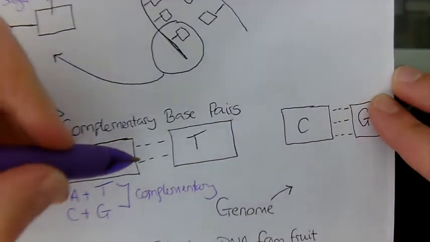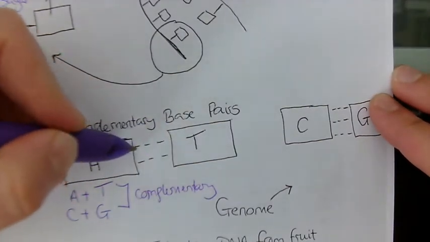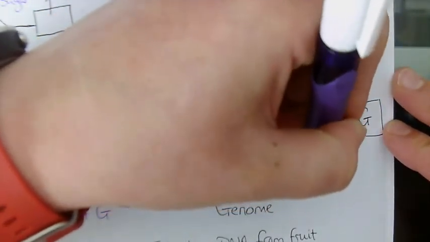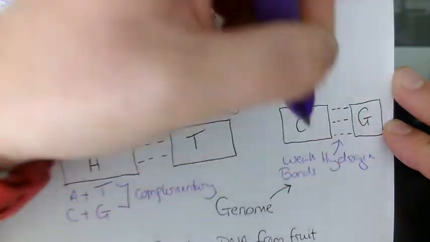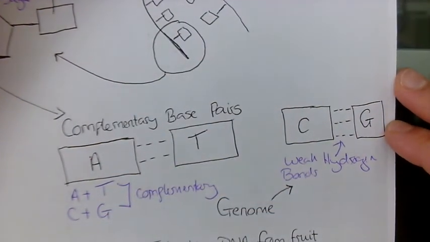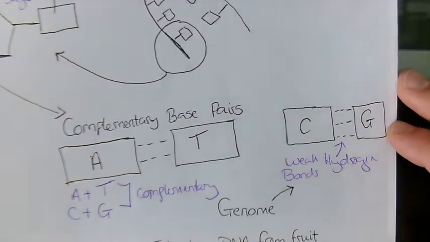And then, as you can see, between the bases, I've got these two dashy lines, and on this side, I've got three dashy lines. These are weak hydrogen bonds which hold it together. Okay?